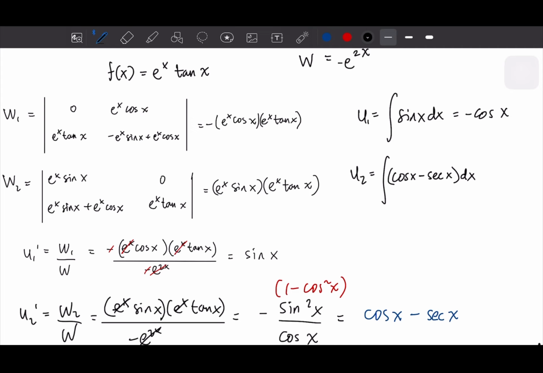And if you remember, I believe this will be sin x. The secant, if you remember our calculus, this will be ln of sec x plus tan x.